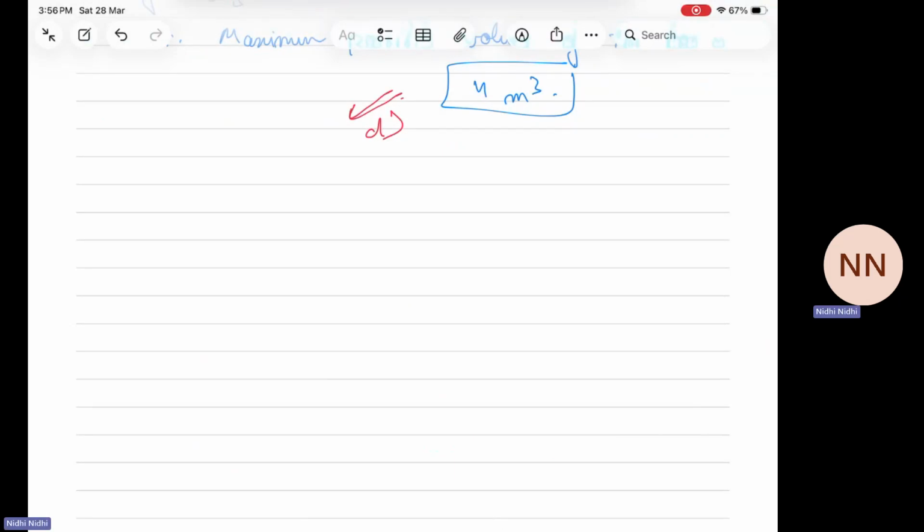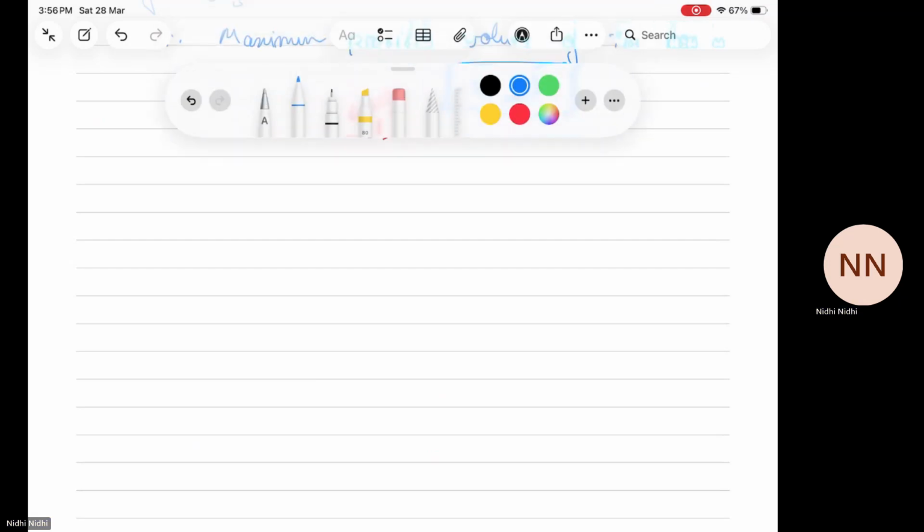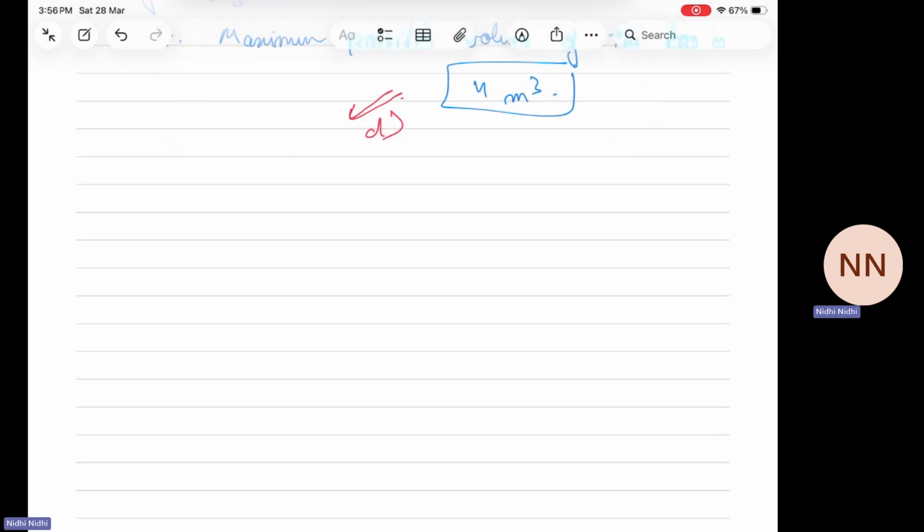Okay, so if there is no doubt, we can move to the next question, which is on double integration.